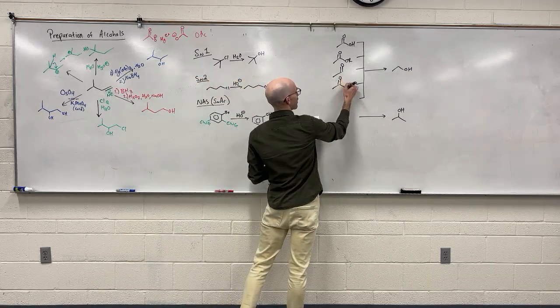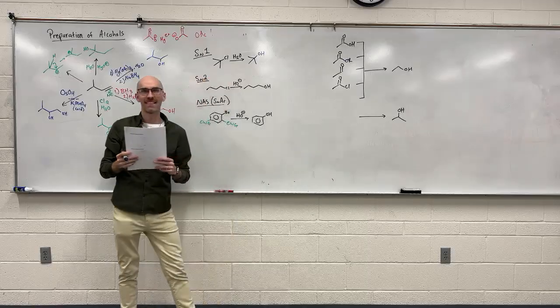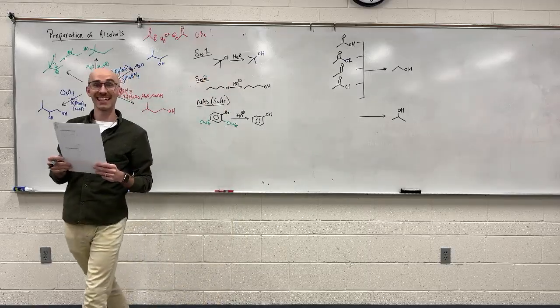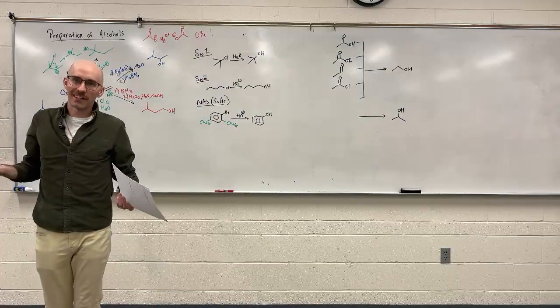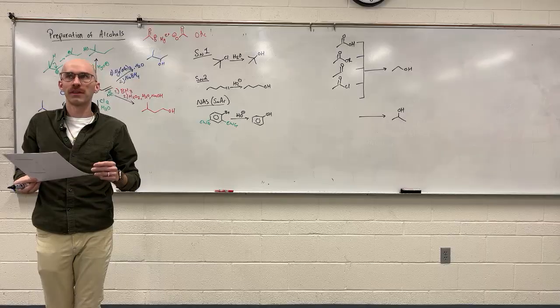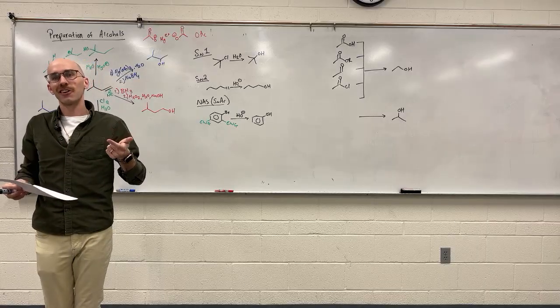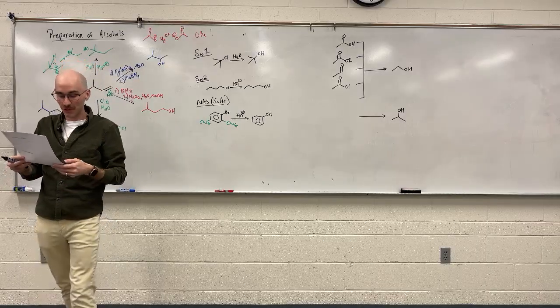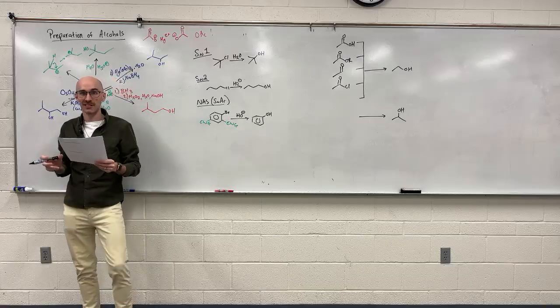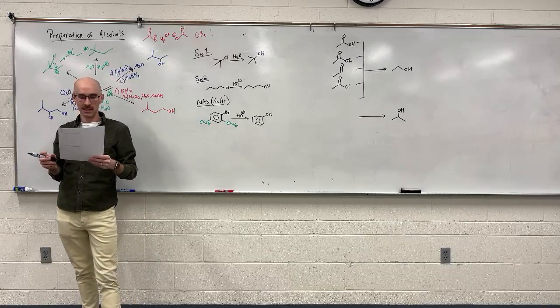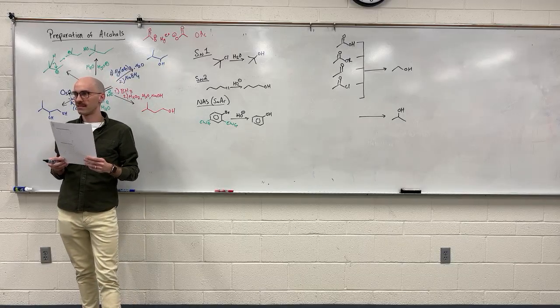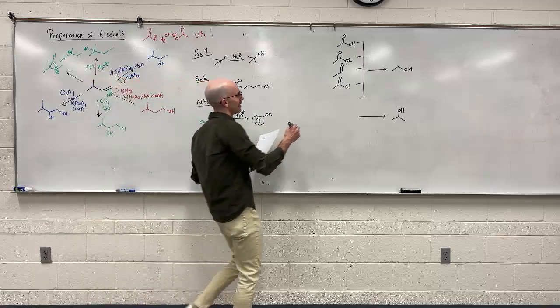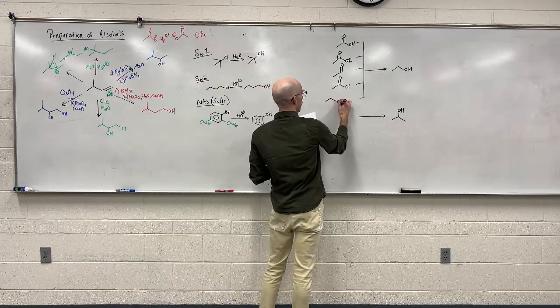Where have we seen the acid chloride before? Yeah, acylation. We can't say AlCl3 because that was used for chlorination, alkylation, acylation. But you're right. In our acylation reaction, we use the acid chloride. What's the one beneath it? Acid anhydride. And where have we seen that already?